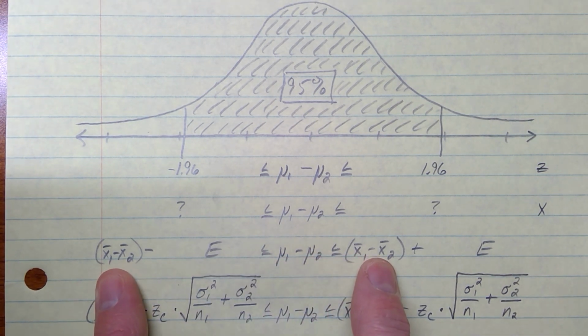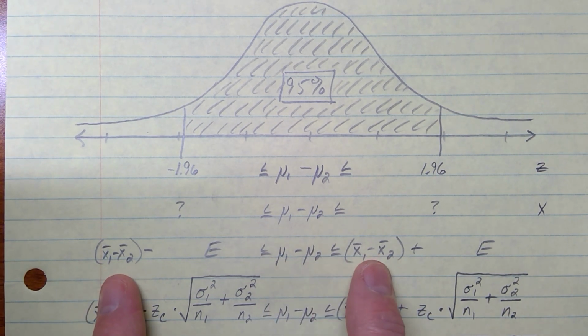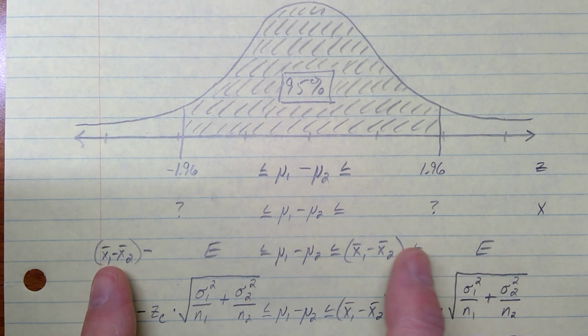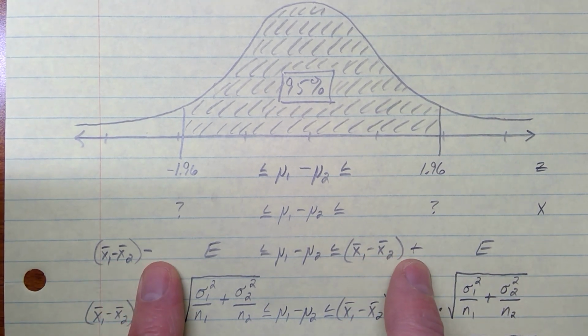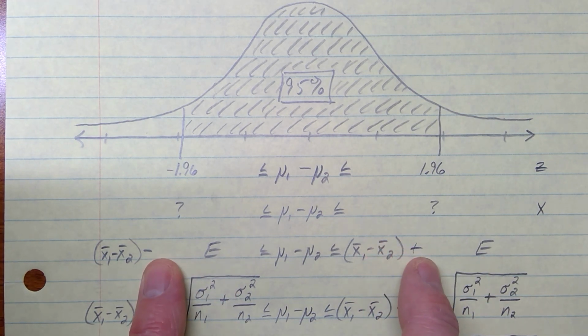We're going to take a couple of samples. We're going to find the difference between those averages on our sample. And then we're going to say, well, I think, this is our best guess, I think that mu is these two numbers, but give or take a little bit of insurance, a little bit of margin of error. All right, we're going to give ourselves a little bit of give or take because we're not certain.